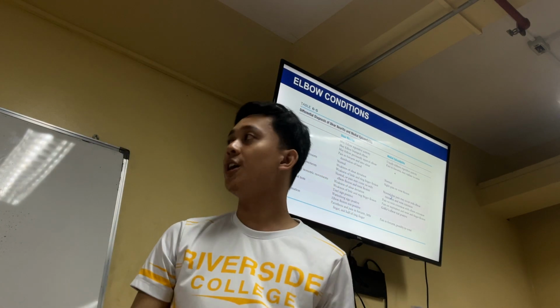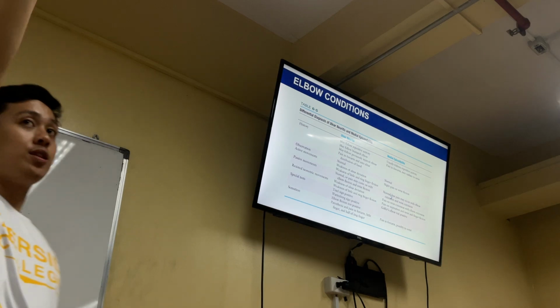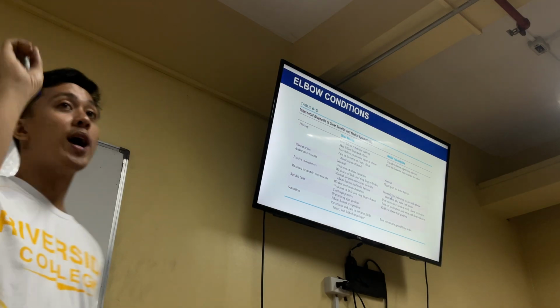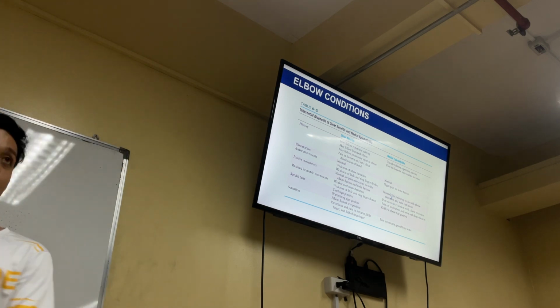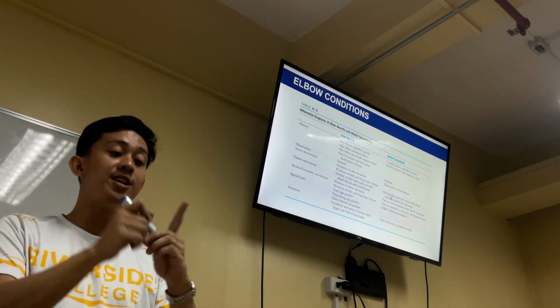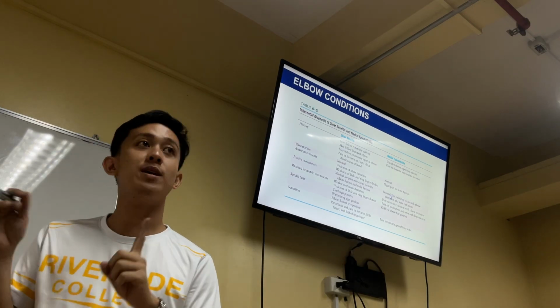So, here, for the differential diagnosis, for medial epicondylitis you can DDX ulnar collateral ligament, since it's also medial elbow pain. It's just that in medial epicondylitis the muscles are affected, while in your UCL injury it is your ligament. And then, you can also add ulnar neuritis, since the ulnar nerve is located medially, so there might be pain.